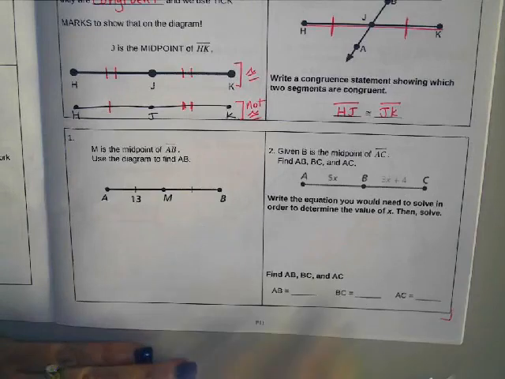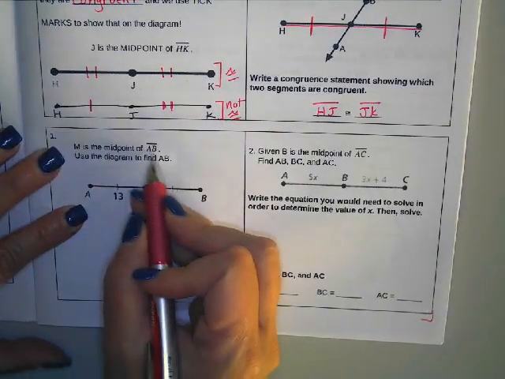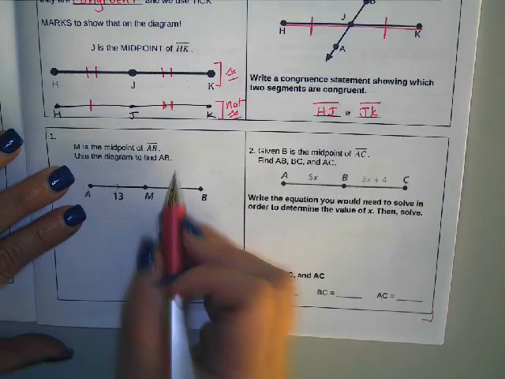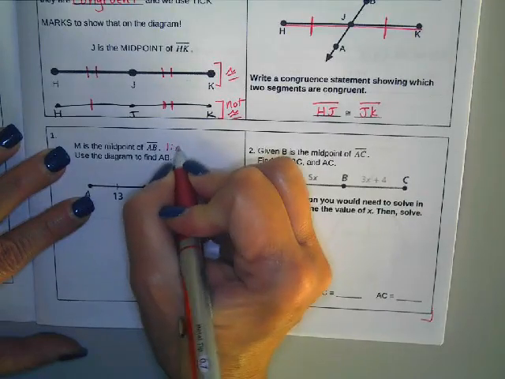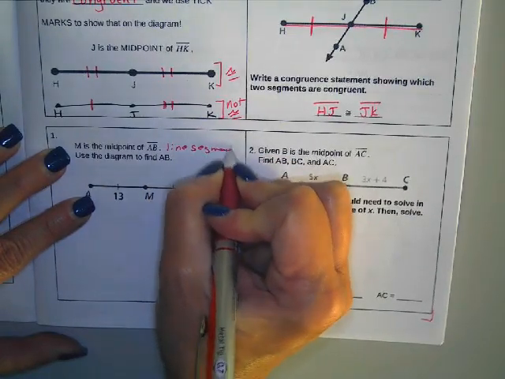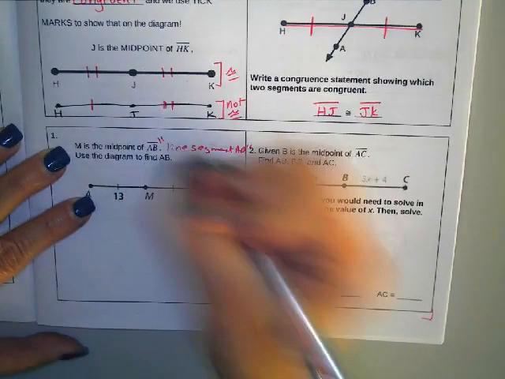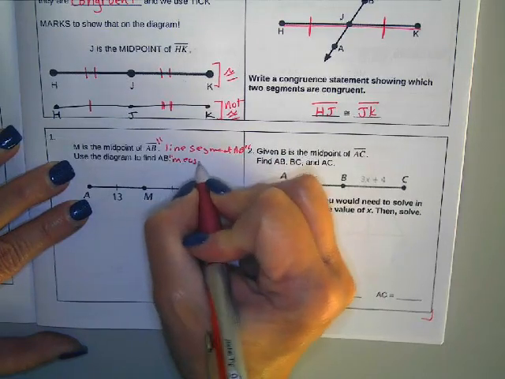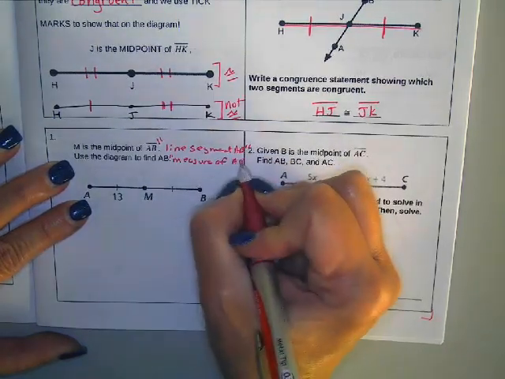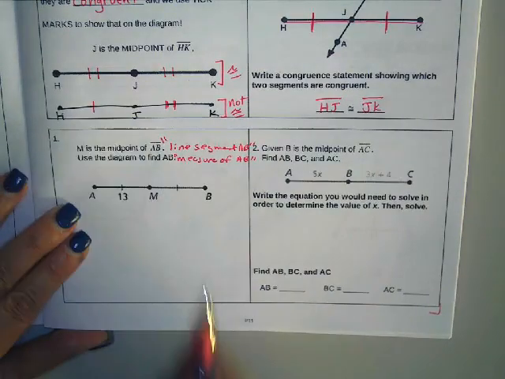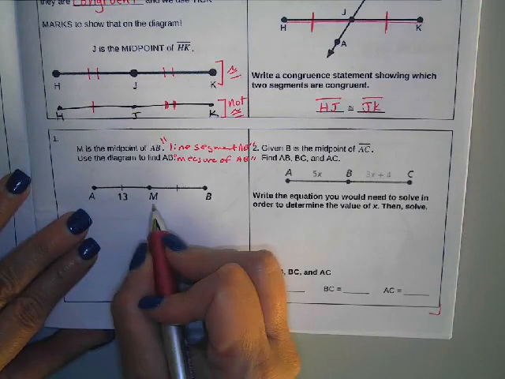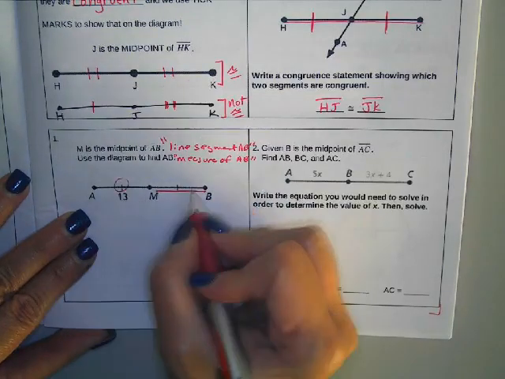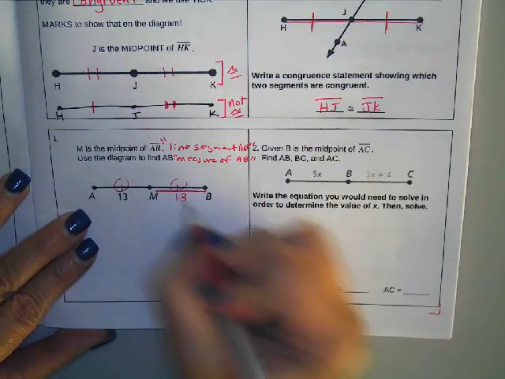So if I go to number 1, M is the midpoint of AB. Use the diagram to find the measure of AB. So M is the midpoint of segment AB. I'm going to put it in quotes, to find the measure of AB. That's the difference between the bar and not the bar. So if segment AM is 13, segment MB is congruent because you see these same tick marks, which means this segment is 13.